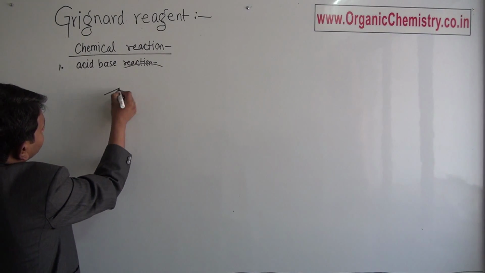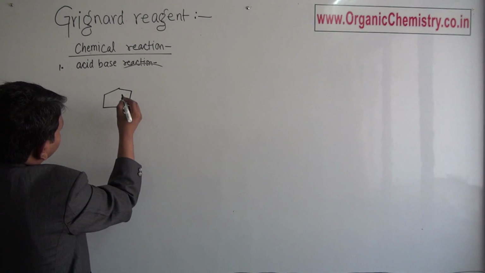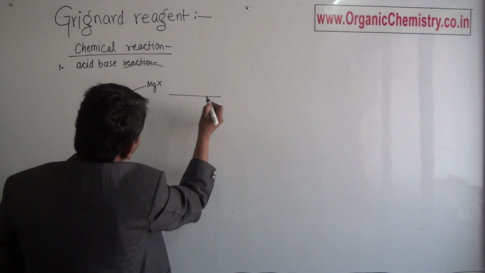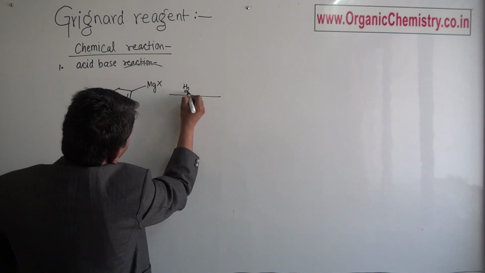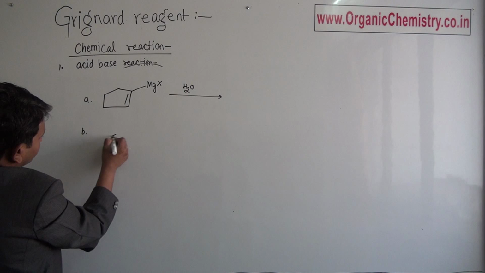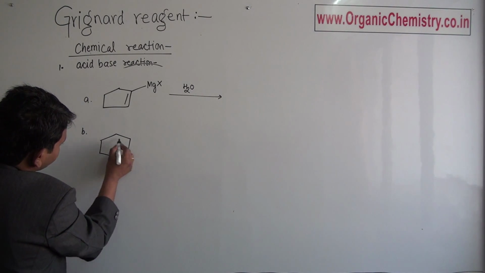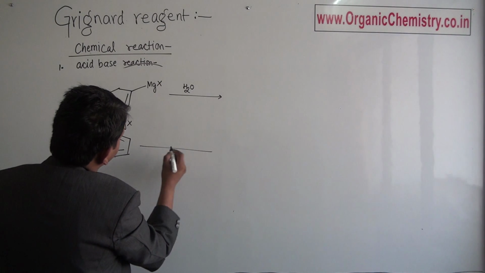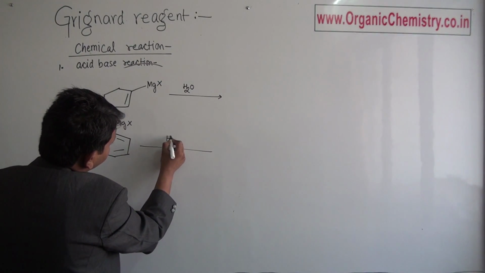Find the product of the following reaction. RMgX, water. This may be like this: RMgX, HCl.